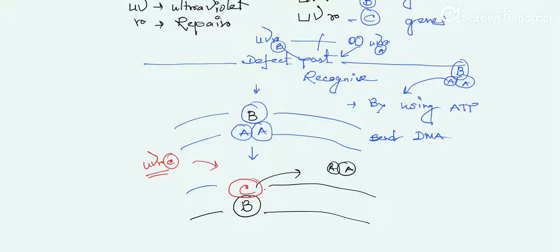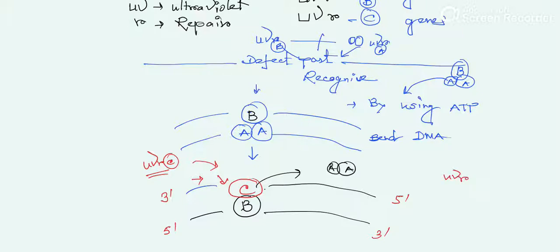And UVRC clips the 4th and 5th phosphodiester bond of the damaged nucleotide on the 3' side. Suppose it is 3' and it is 5', and the other DNA strand is 5' to 3'. We all know that, and they break this phosphodiester bond on the 3' to 5' side.